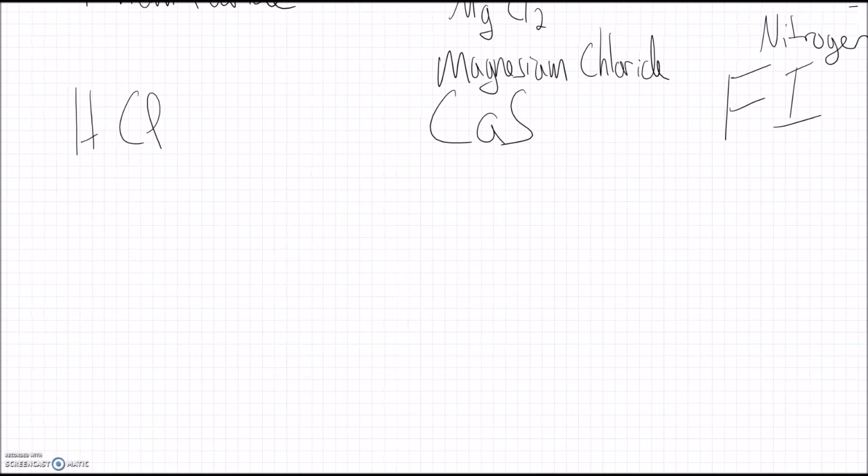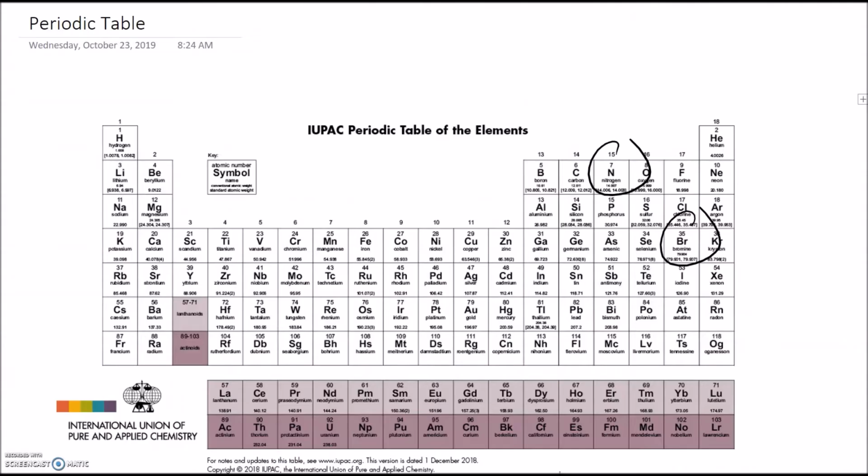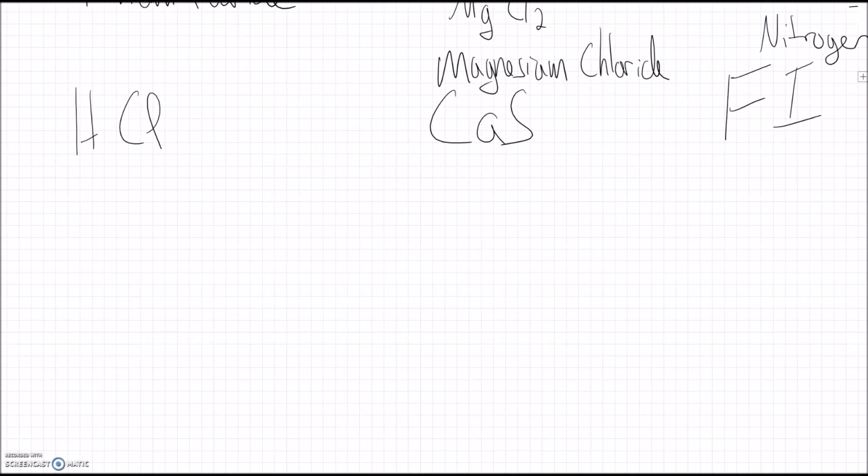HCl. Let's look at our periodic table. Where's H? H is up here. Where's Cl? 17. Don't get tricked. Those are both non-metals. Remember, hydrogen is a non-metal over in group 1. So they are going to share, because they're two nonmetals.